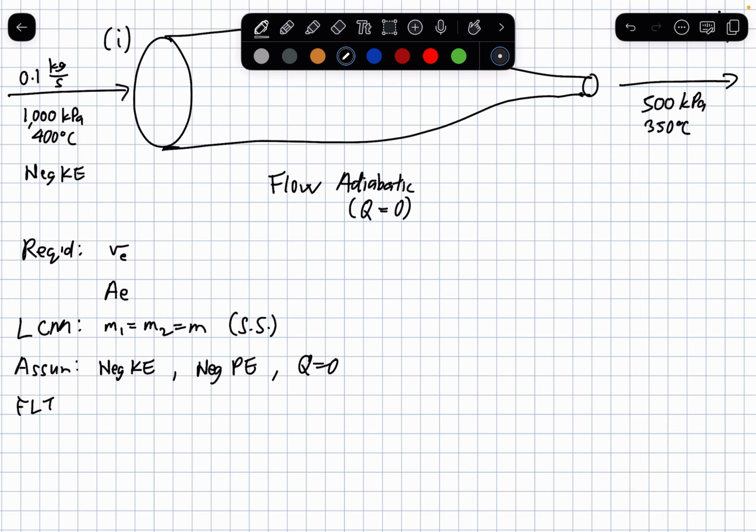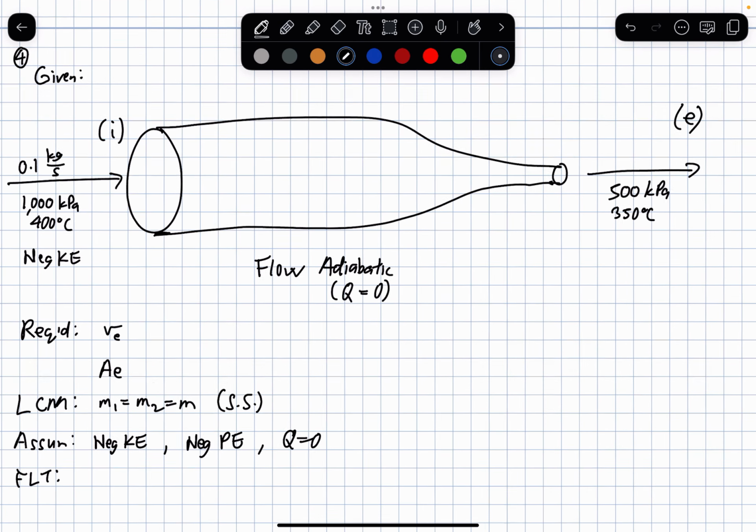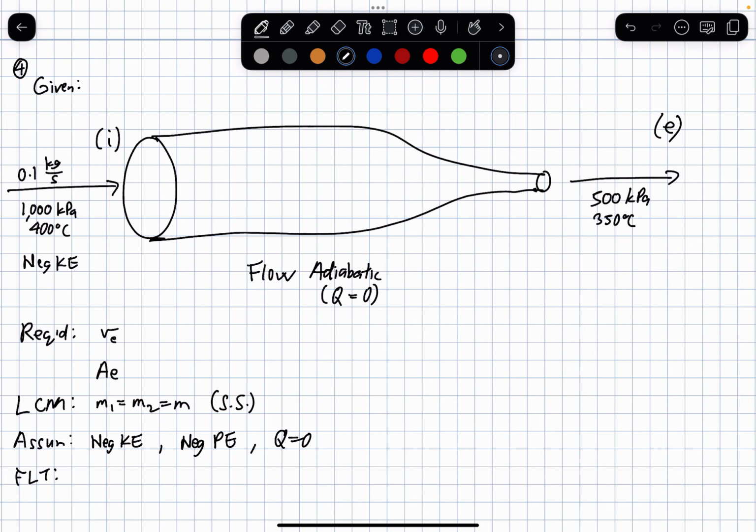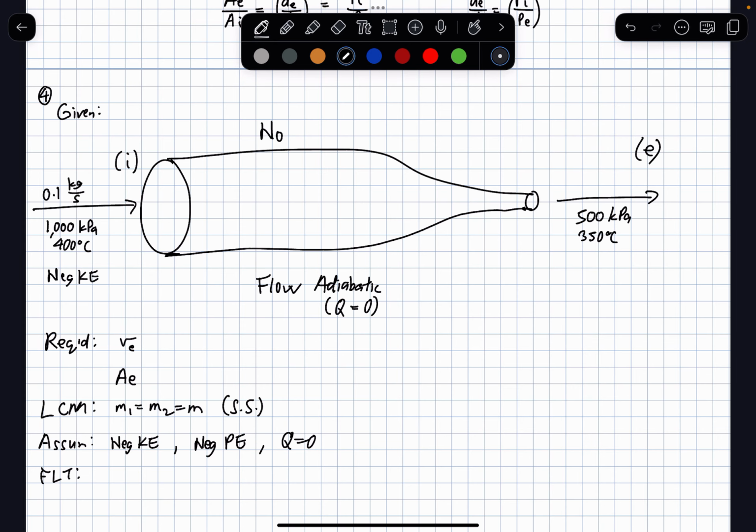Let's go to FLT, the energy balance. Is this system open or closed? Nozzle. This is a nozzle. Shaft work is 0.